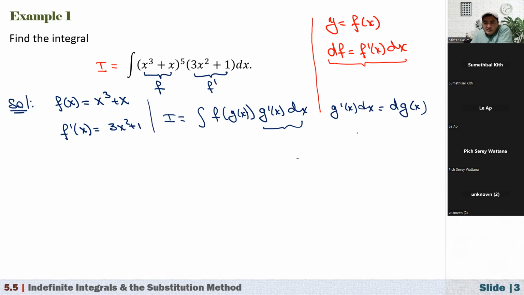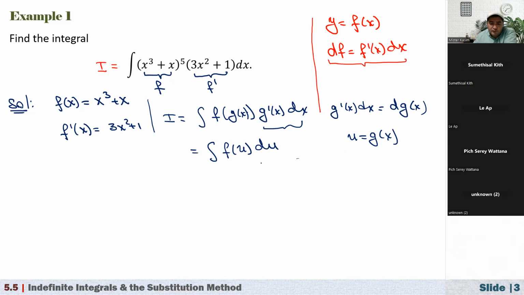Then if I substitute, suppose that u is equal to g of x, our function takes this form: the integral of f of u du. That's why this method is called the substitution method. We are just substituting something for the expression in the function.